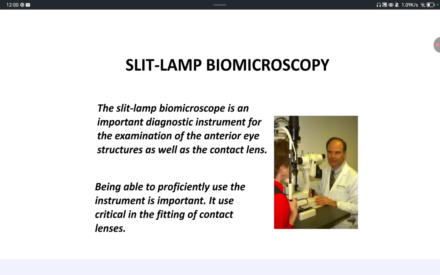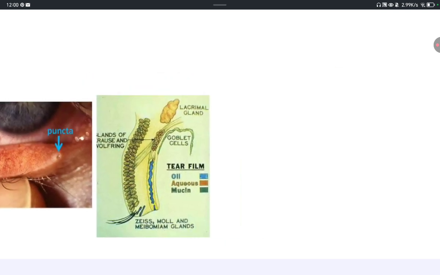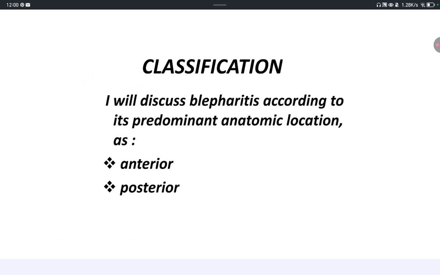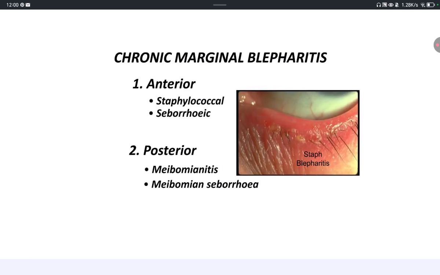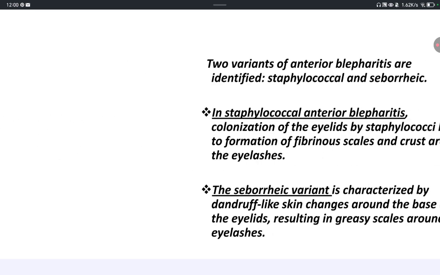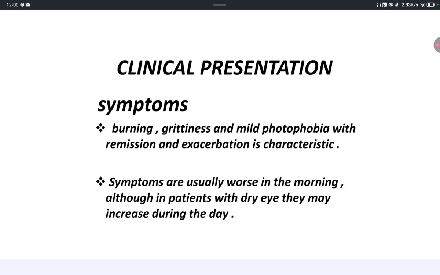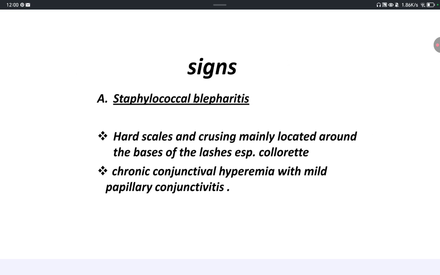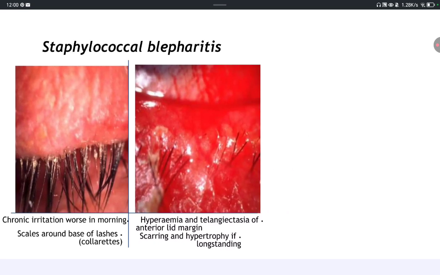A slit lamp biomicroscope is used. Next is the classification: anterior and posterior marginal, anterior blepharitis, posterior blepharitis. We can see the pathology, and after that the presentation, signs and symptoms.